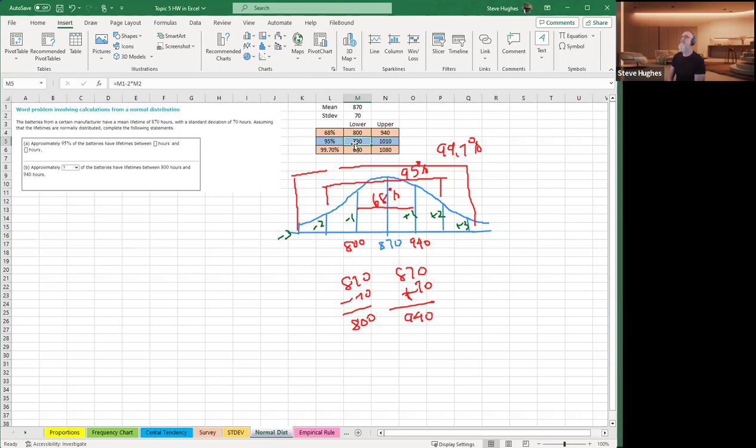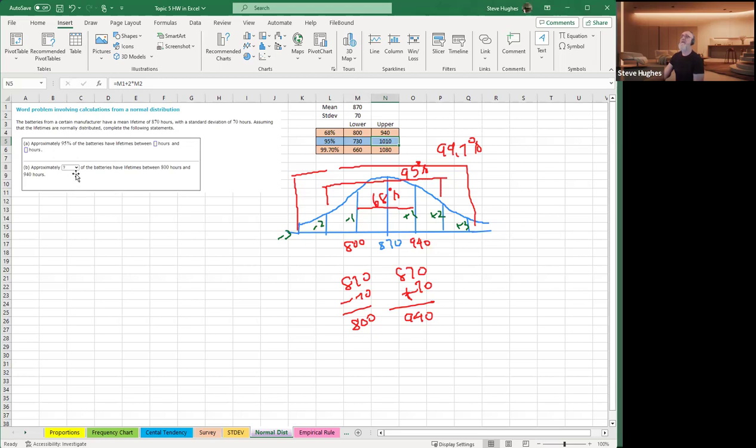M1 is the mean and M2 is the standard deviation. That's the lower bound. The upper bound is the mean plus 2 times the standard deviation. And we've got it.